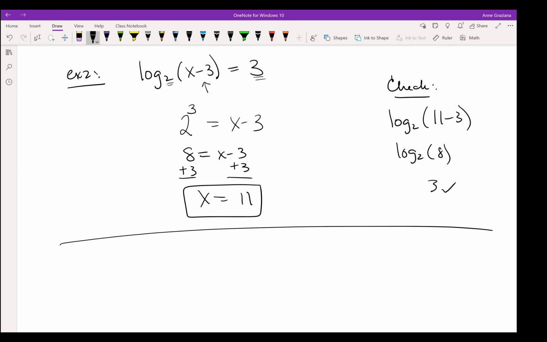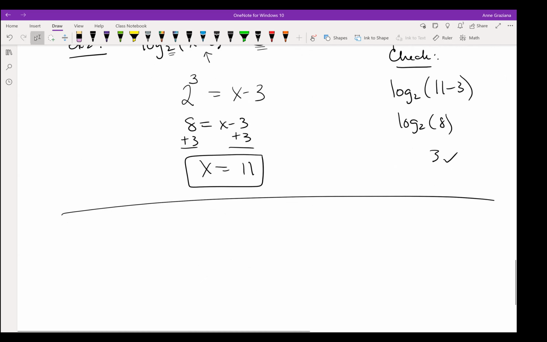It's nice when these are just these simple little loggy equations. Ooh, I like this one. All right. 2 times log base 4 of x plus 2 is equal to 1.